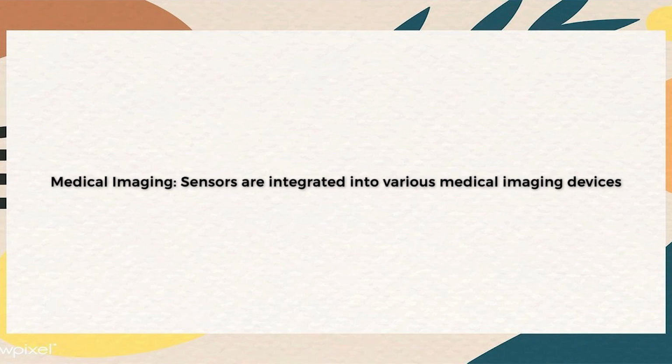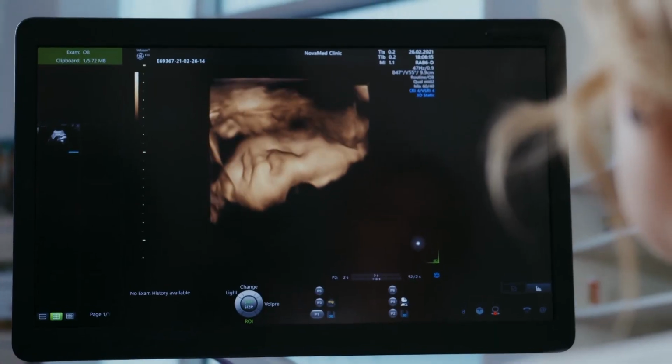Medical imaging: sensors are integrated into various medical imaging devices. For example, X-ray sensors capture images of internal structures, while ultrasound sensors generate images by emitting and receiving sound waves.